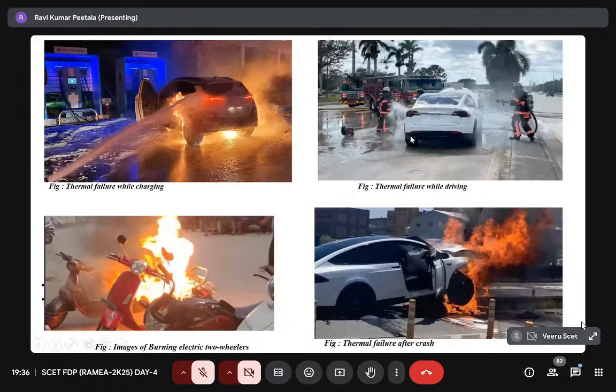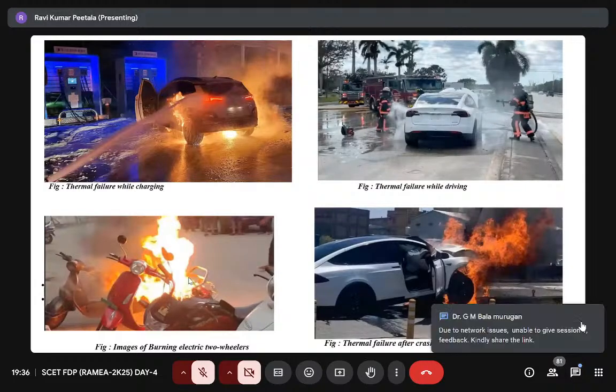While driving, there is a short circuit, due to which the vehicle started burning. When crashing, the temperature increases drastically inside the cell, so there is a thermal management failure. And here is an image of the burning of electric two-wheeler vehicles due to the failure of thermal management. These are the examples I have shown here.